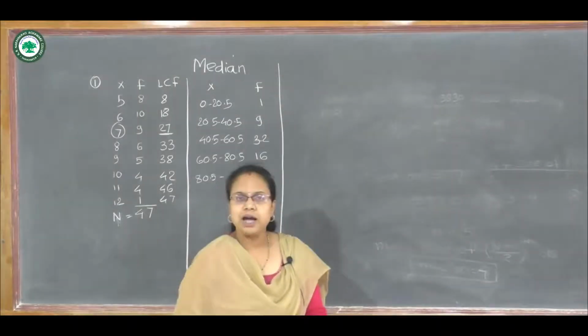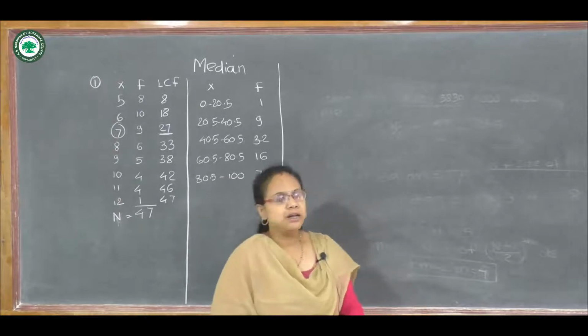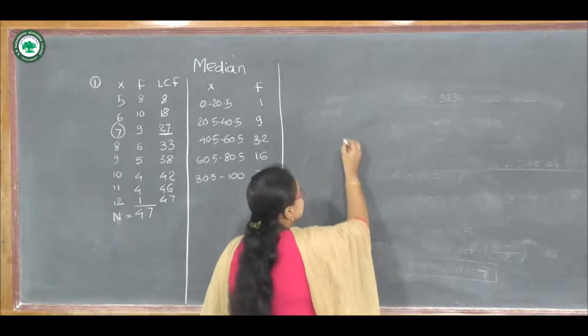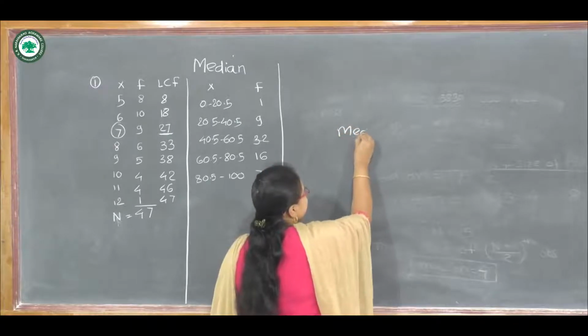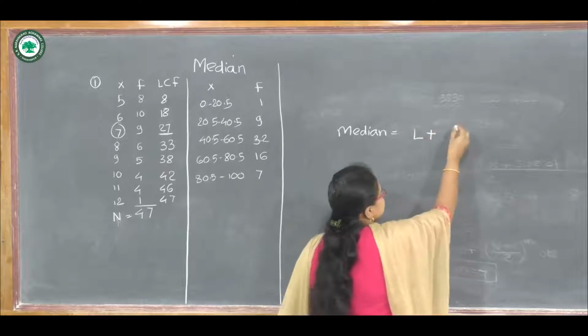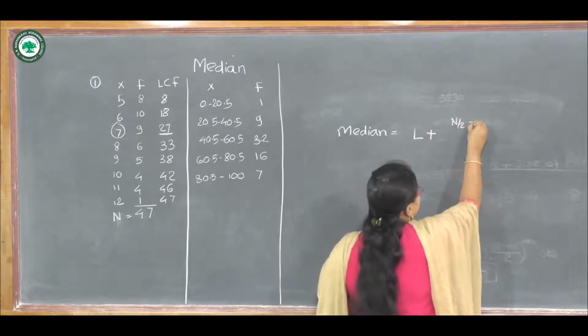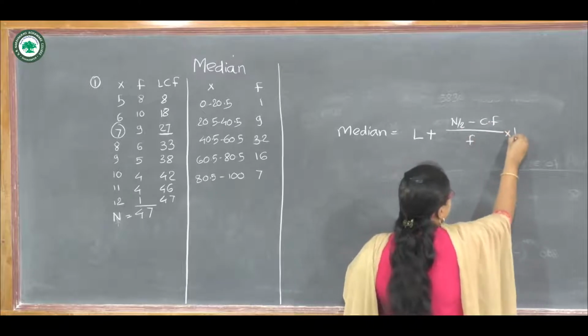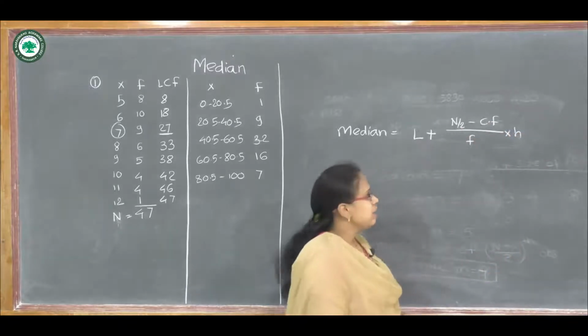If we have continuous type data, means in the form of classes and their frequencies, then the formula to calculate median is L plus (n upon 2 minus CF) divided by F, into H. We will see one by one.